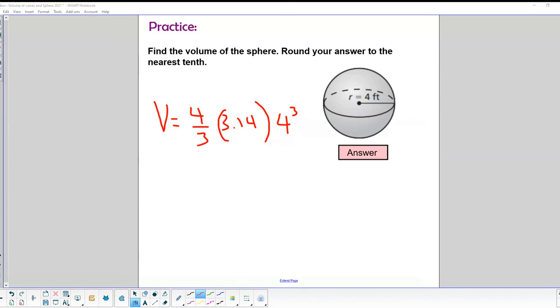Times that by 3.14. And then times that by 4 times 4 times 4. And so we end up with 264.5 feet cubed.